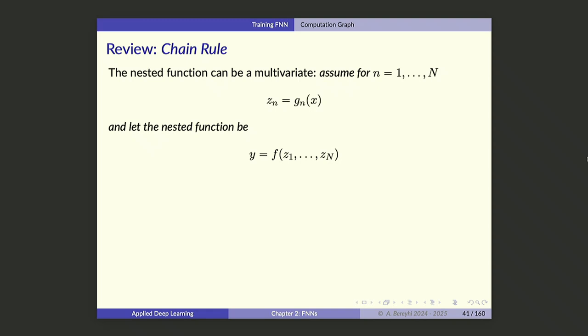So how do I do it? I compute the partial derivative of f with respect to z1, and then multiply it by the change in z1, dz1. Then I compute the partial derivative of f with respect to z2 and multiply it with dz2, and so on till the very last one.